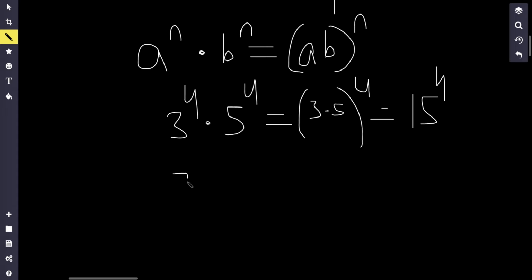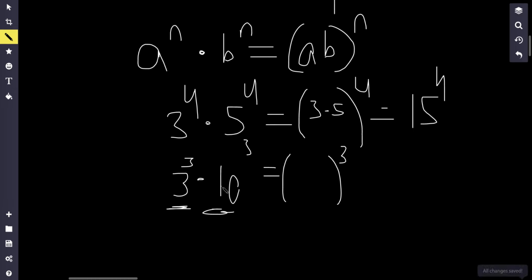If we have 3 to the 3rd power times 10 to the 3rd power, keep the exponent. Whatever we have here is still going to be raised to the 3rd power, and we multiply the bases together. So 3 times 10. And this is just going to be equal to 30 to the 3rd power.